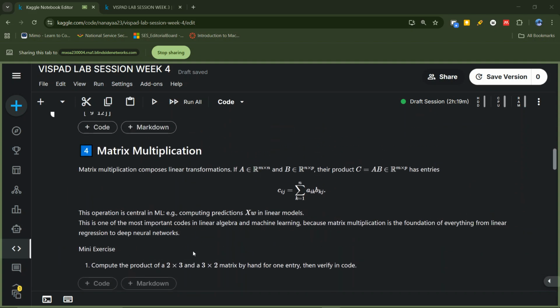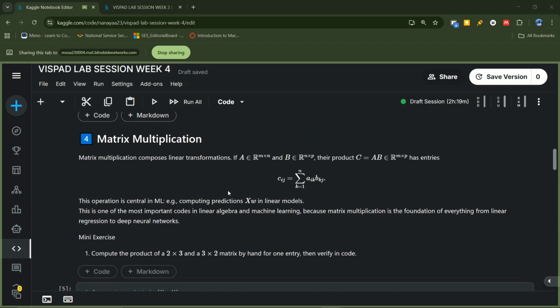but first of all, I remember one thing I was taught way back. If you have a 2 by 3 and a 3 by 2, first you have to check if the column count of the one matrix and the row count of the other matrix have the same number. Ideally they have the same number.